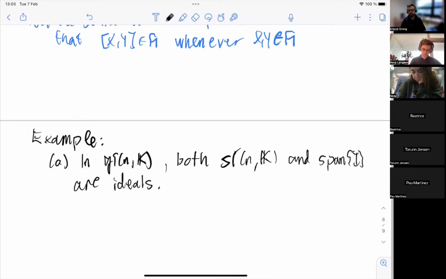So if I take the identity, then the bracket with the identity always gives me 0, and 0 is in the span of identity. So this will always be an ideal. And we saw also that if you had any matrix, then the Lie bracket is always trace free. So trace free matrices are also ideals.